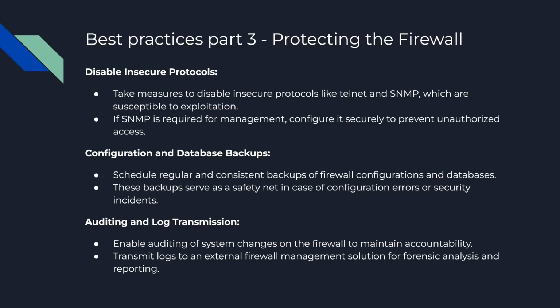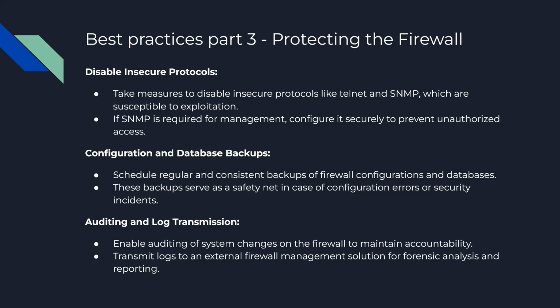If SNMP is required for management, configure it securely to prevent unauthorized access. Configuration and database backups. Schedule regular and consistent backups of firewall configurations and databases. This can be very important, because if your firewall does go down, this is going to be your safety net for anything that happens.